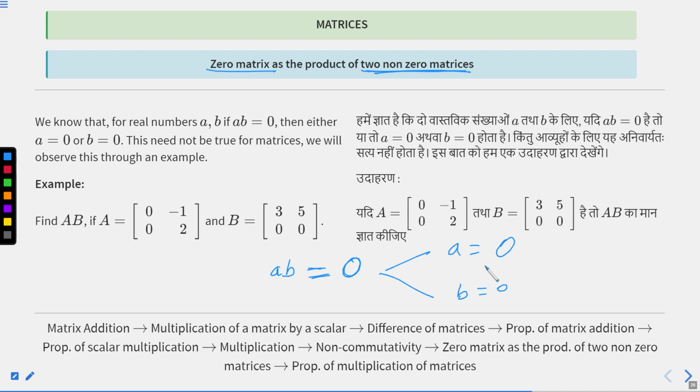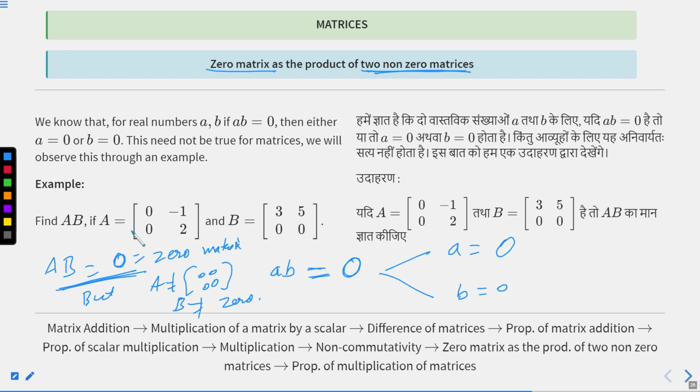But in matrix multiplication, it can happen that the product of two matrices is the 0 matrix, but A cannot be the 0 matrix and B also cannot be the 0 matrix. But their product can be.